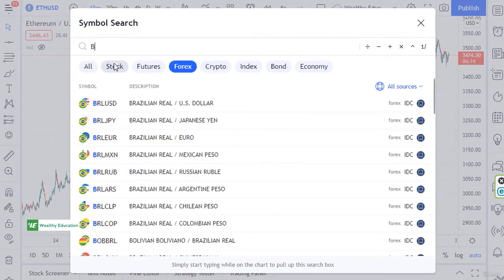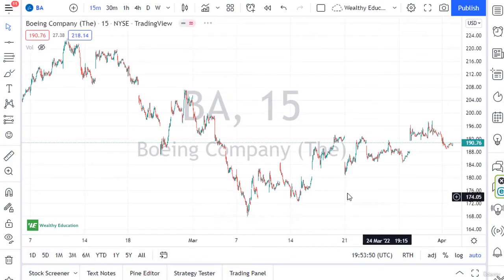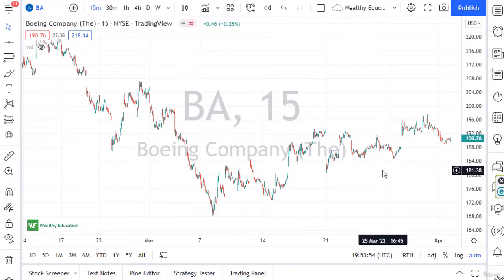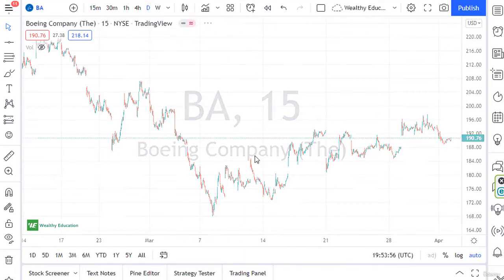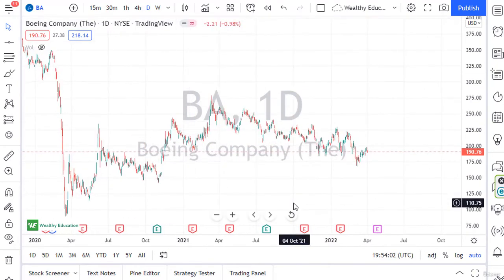Let's go ahead and pull up a stock here. Let's go Boeing. Now, you should probably do top-down analysis if you're going to do support and resistance.